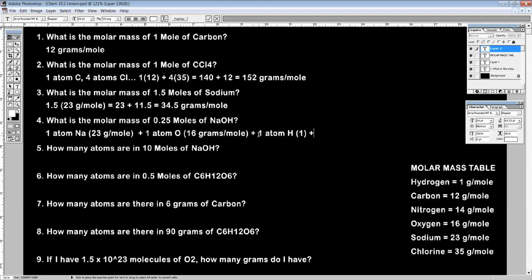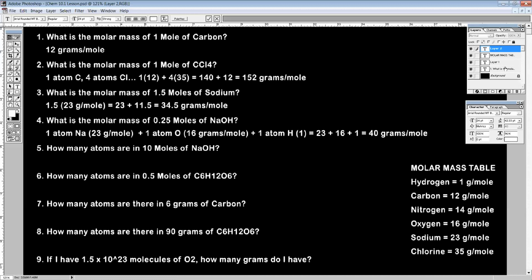So finally, that gives us 23 plus 16 plus 1 for a total of 40 grams per mole. Excellent. But the question was, hang on for a second.